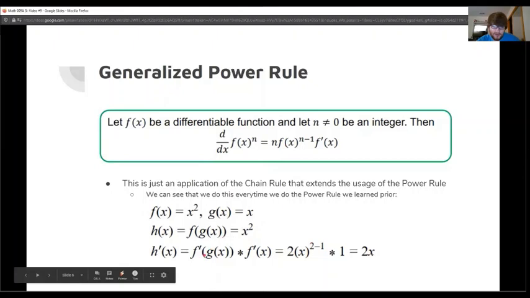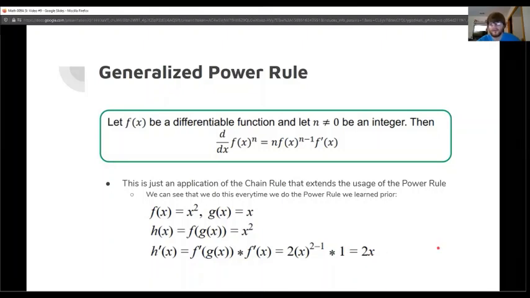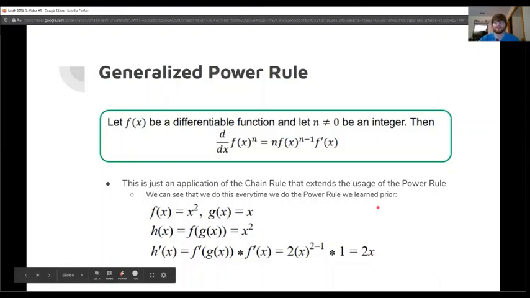We bring the 2 down in front from power rule, and we're subtracting the power here. g of x is conserved inside as x, and we multiply the derivative of x, which is just 1, which just gives us 2x. So it's kind of showing that this generalized power rule really does cover all our bases, and it also does more. If we have any other function f of x, we can also apply this to that.